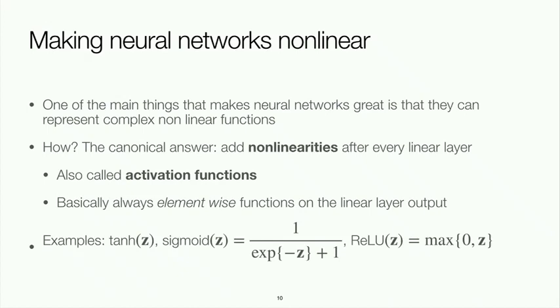Some examples. You could use the hyperbolic tangent function, tanh, which takes the domain from negative infinity to infinity and squashes that into the range -1 to 1. You could also use something like a sigmoid, like we talked about before, which takes negative infinity to infinity and squashes that into 0 to 1. There's another option that's very popular these days called ReLU, or rectified linear unit, which cuts off all of the negative numbers.